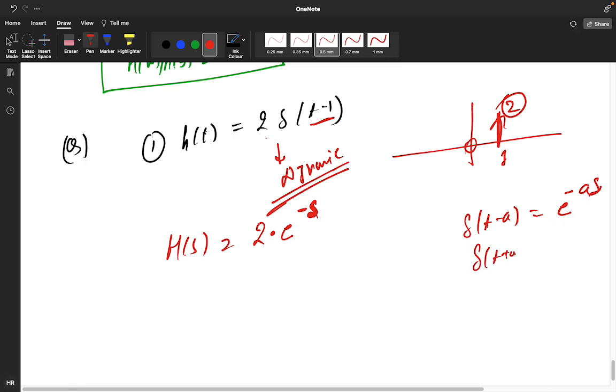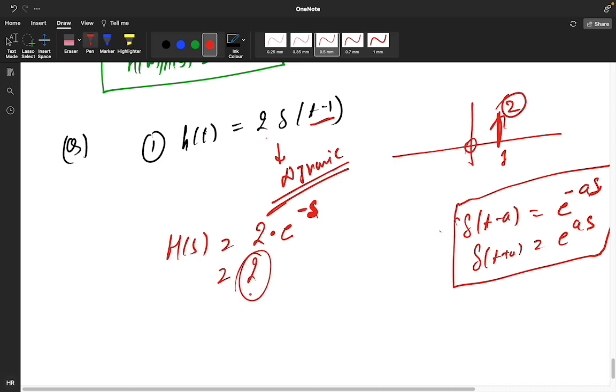Delta t plus a Laplace transform is e power a s. So what Laplace transform are we getting? 2 times e power minus s. Is this a constant value? No, it is not. If the result were only a simple 2, or 8, 9, 10, nothing else attached, then we could say this is a static function. But we are not getting a constant value, so by checking with the Laplace transform also we are getting a dynamic value.